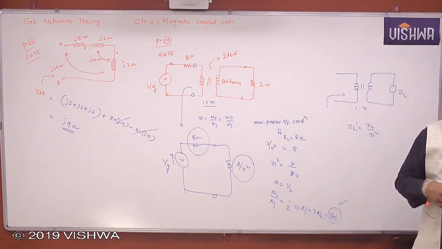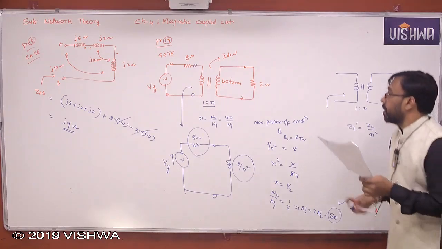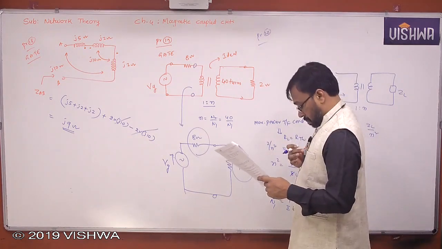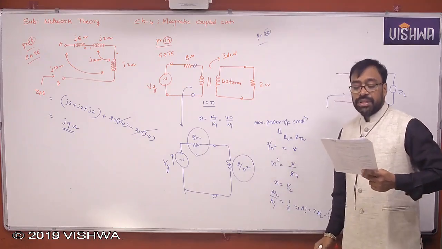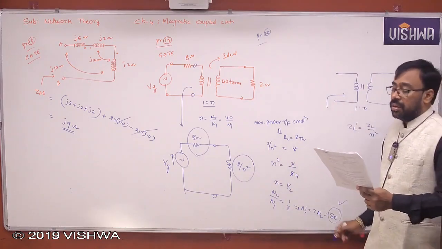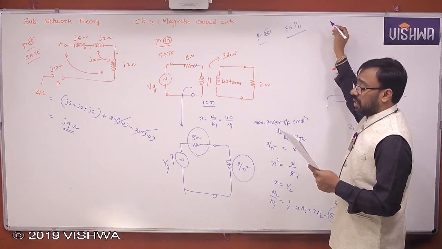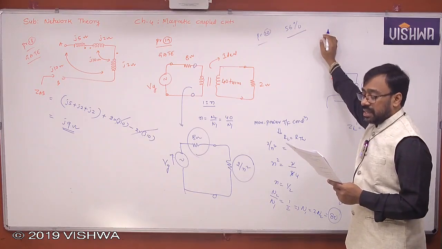Quickly note down this. In the magnetically coupled circuit shown in the figure, 56% of the total flux emanating from one coil links the other coil.